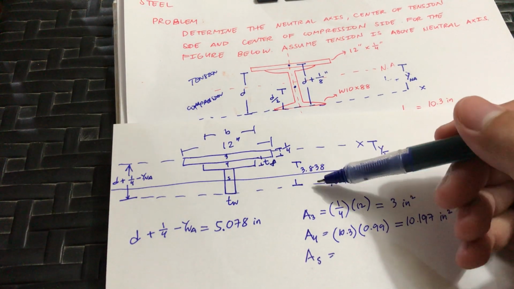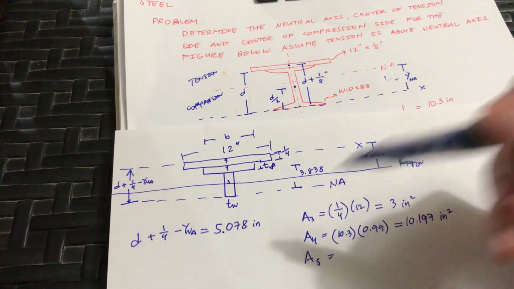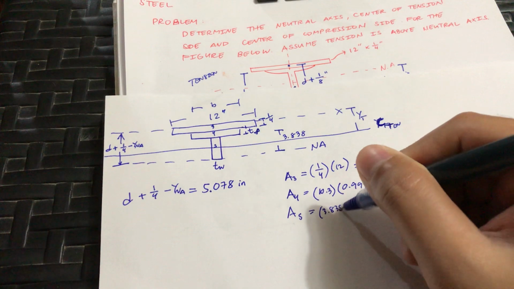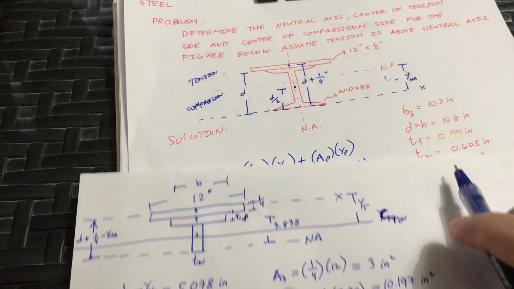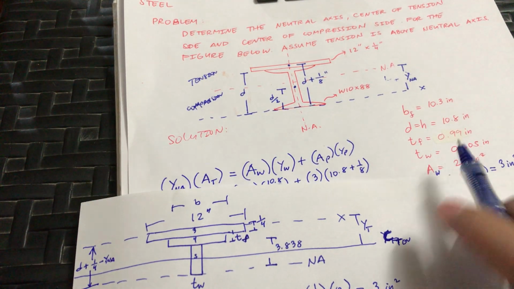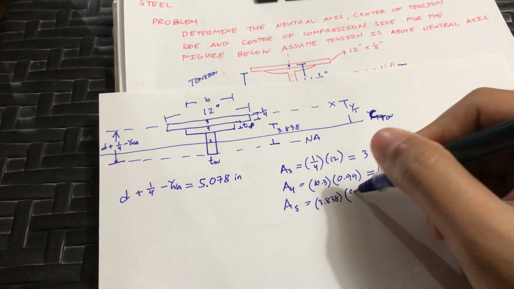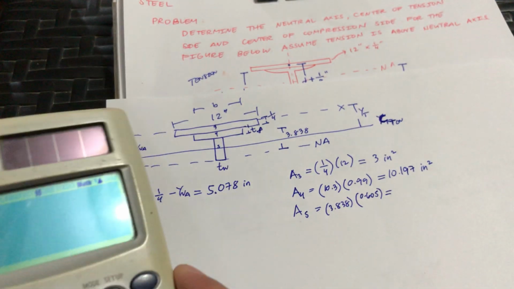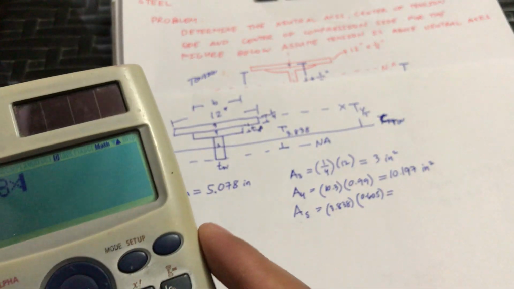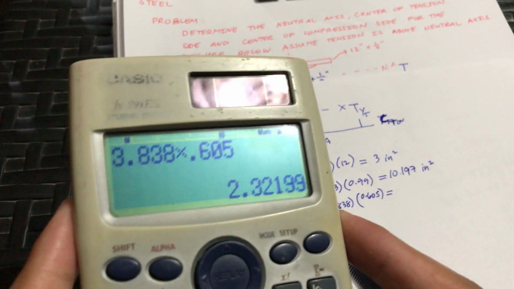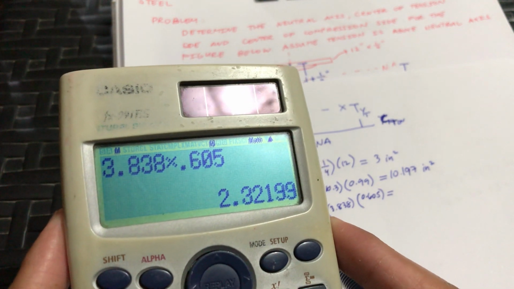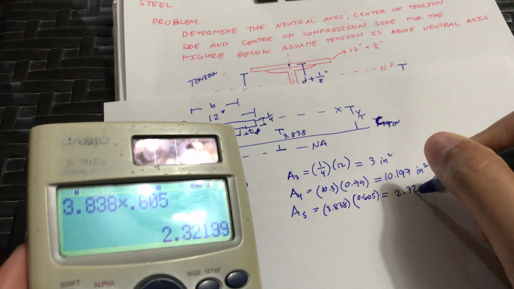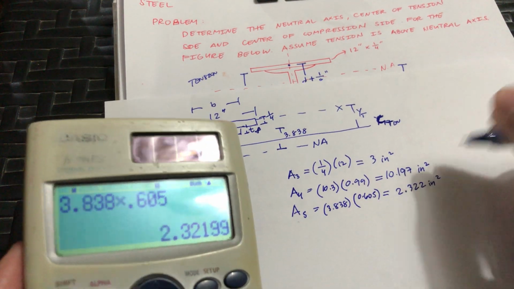Finally, area 5. Area 5 is this one, 3.838 times the thickness of the web, which is 0.605. So you have 3.838 times 0.605, 2.322 inch squared.